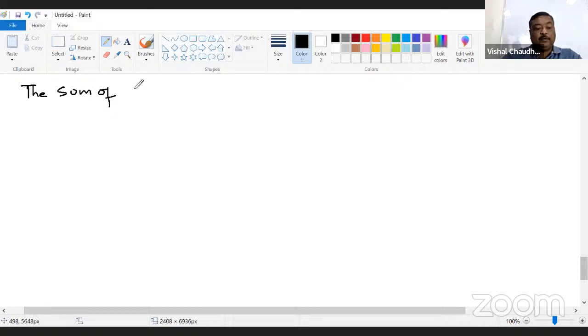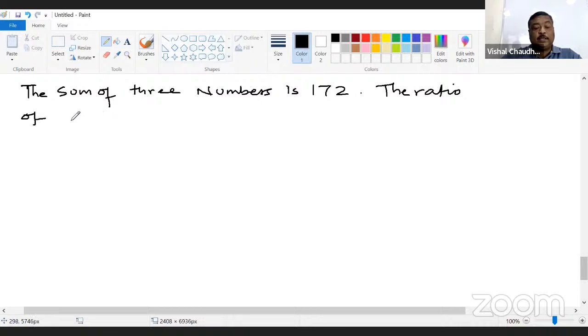The sum of three numbers is 172. The ratio of first and second is 8:11.